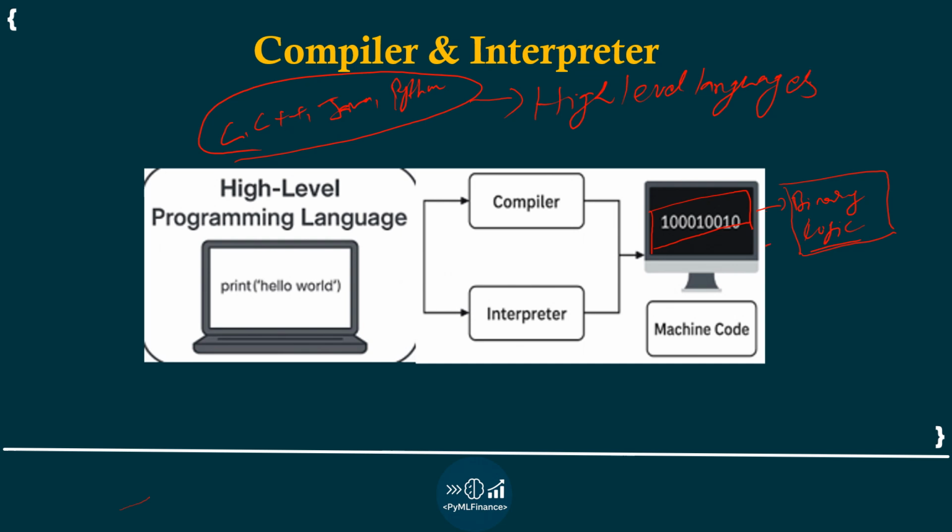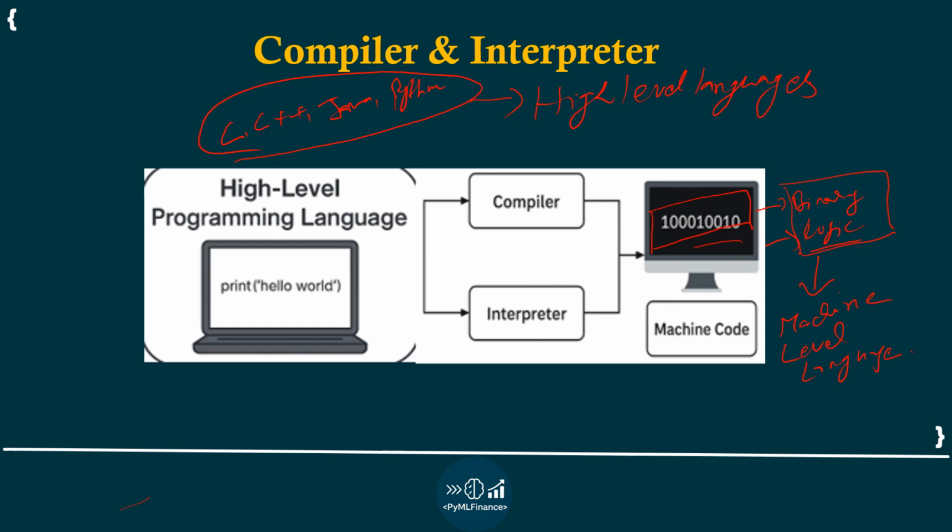And this binary logic or language is also called machine level language. Only the machine can understand this. It is in the sequence of zeros and ones.